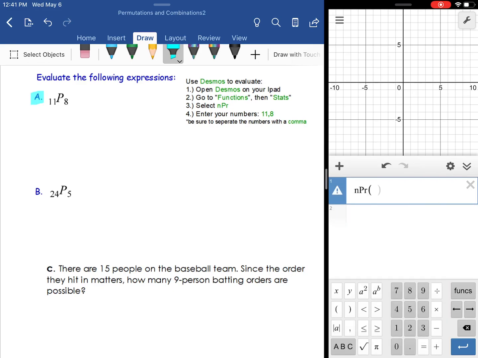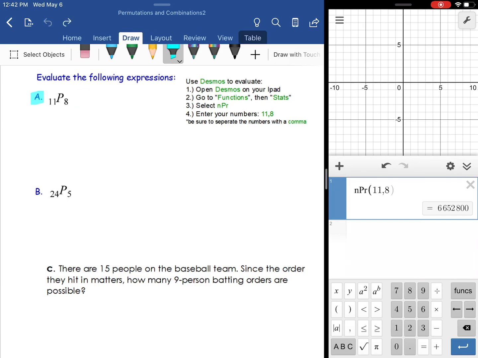For letter A, if I have 11 permutations of 8, so I have 11 items, and I want to make different orders of 8 of those items, I'm going to type in 11, comma, 8. Notice that if I just type in 11, 8, it doesn't do anything because it thinks it's just one number. So 11, comma, 8 tells me that there are 6,652,800 different permutations.